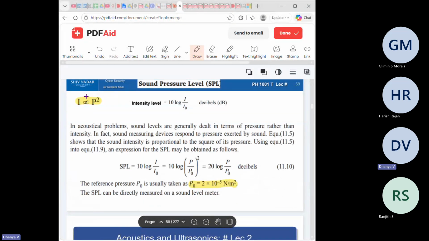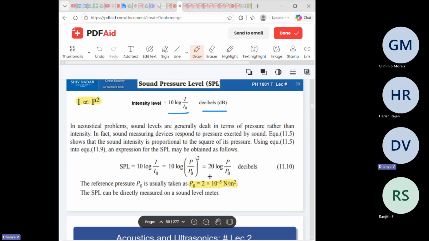I already told you, right? Your intensity is proportional to pressure square. So we already saw in terms of I by I0, 10 log I by I0, if it is in decibel.